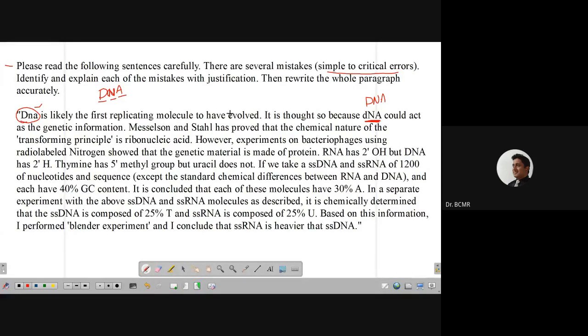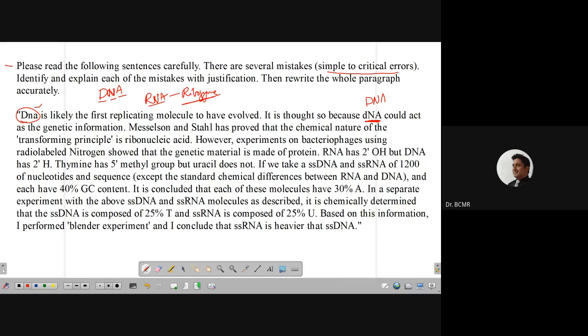That is unlikely. It is supposedly RNA that is the first replicating molecule, because RNA can also function as ribozyme. Right? There are enzymes made up of RNA.